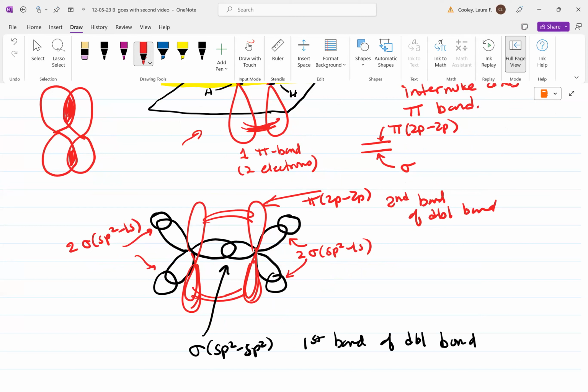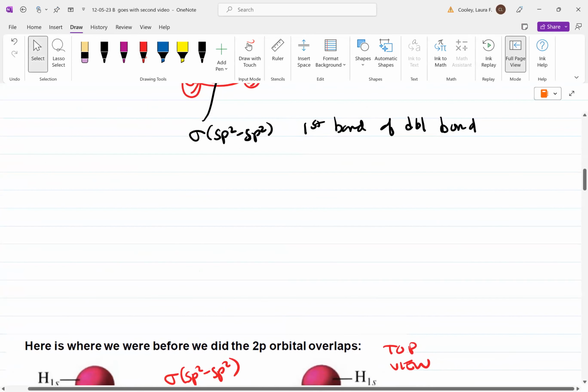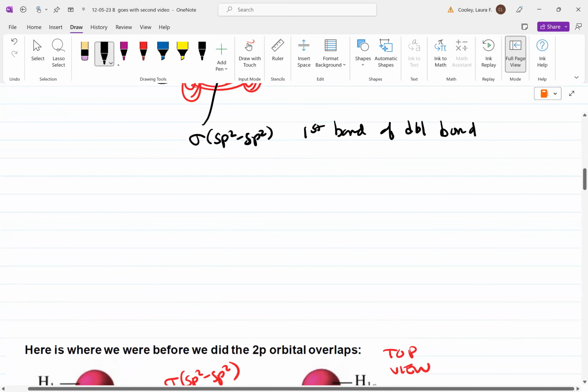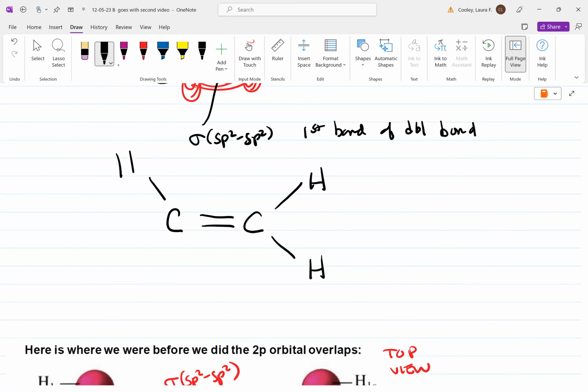This is the second bond of the double bond. And finally, this is what you really should know how to do. If we draw the molecule nice and big, you should be able to label the bonds with what the overlaps are. So these again are sigma sp2 1s, sigma sp2 1s, as I've said before.